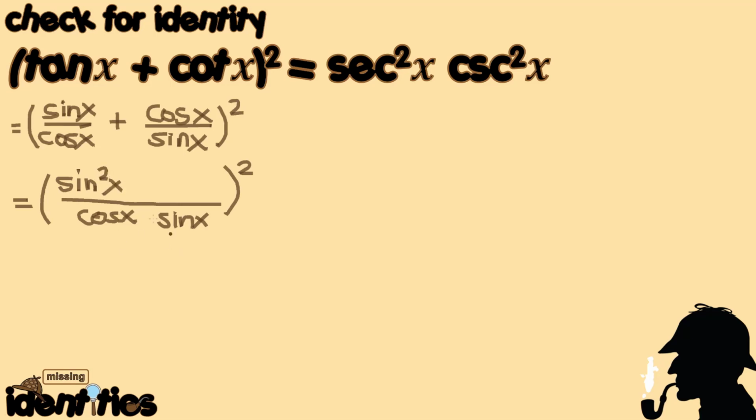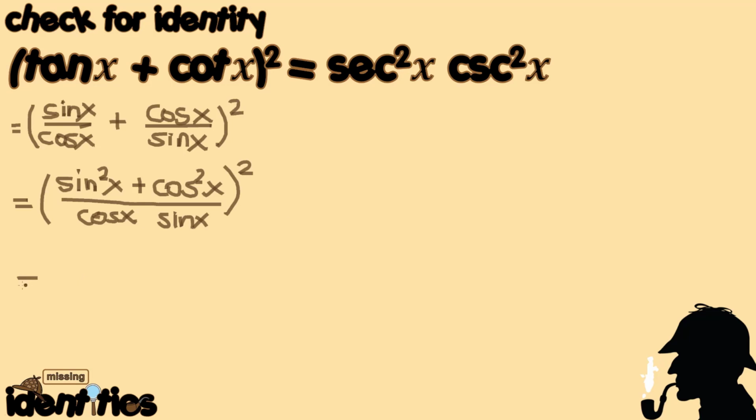Take note that if you're going to simplify this, you will just return to your original form as you're going to remove one of the sine x here. Similar thing on the other side, divide this by sine x. So you will be having cosine x to be multiplied to the same cosine x, so you will have here the square of cosine x. Take note of the operation of addition, you will have it like this.